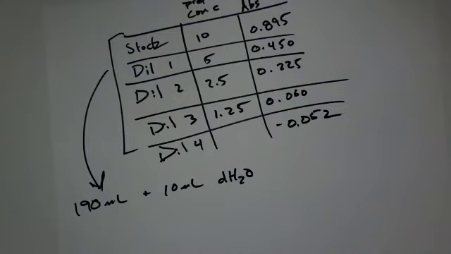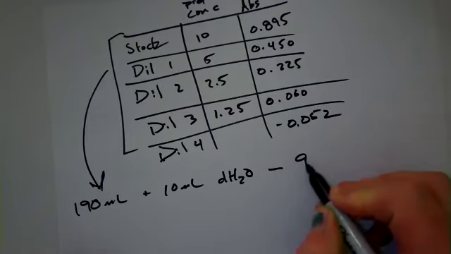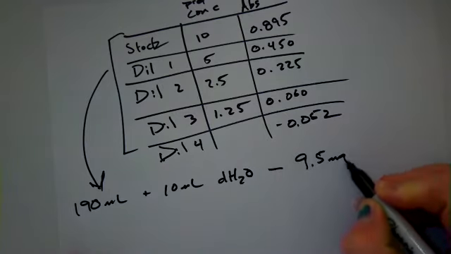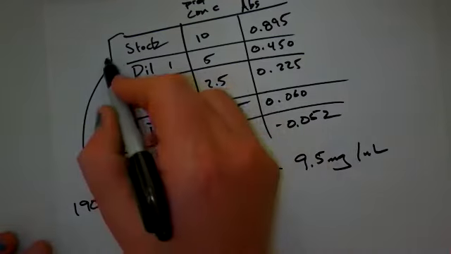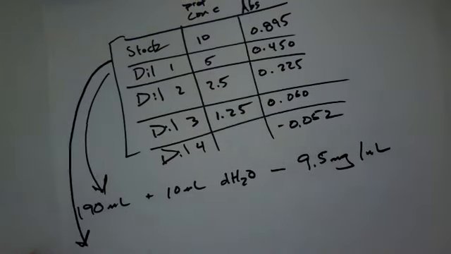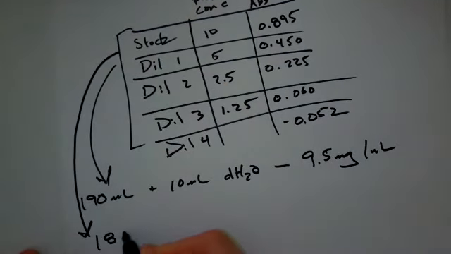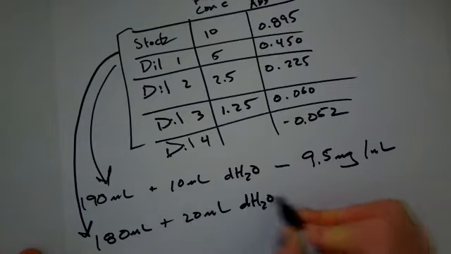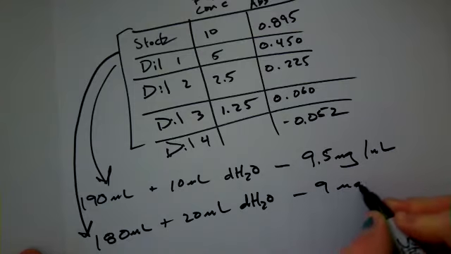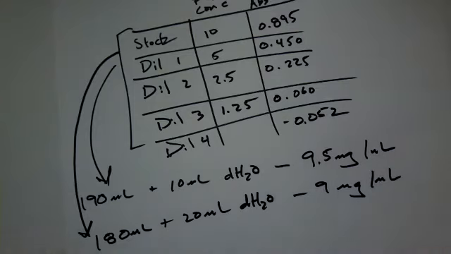It will. This will have a concentration of approximately 9.5 micrograms per microliter. Does that make sense? Then you could follow up and say, let's see, 180 microliters plus 20 microliters of DH2O. That's a sample with 9 micrograms per microliter.